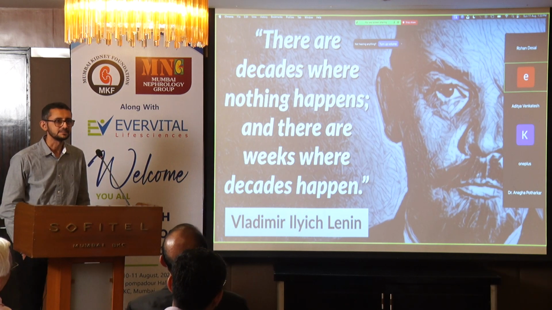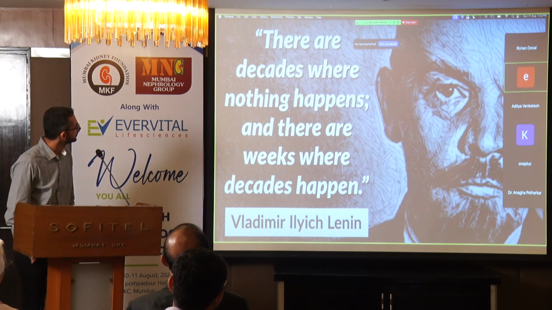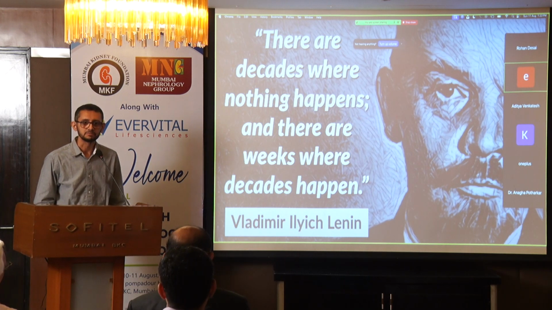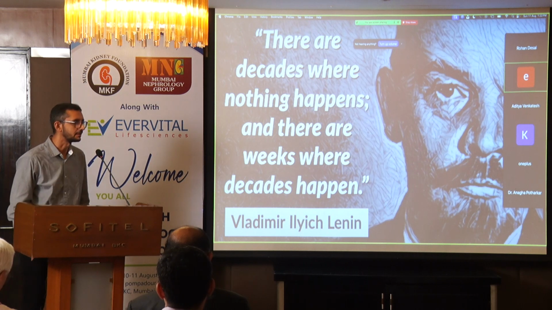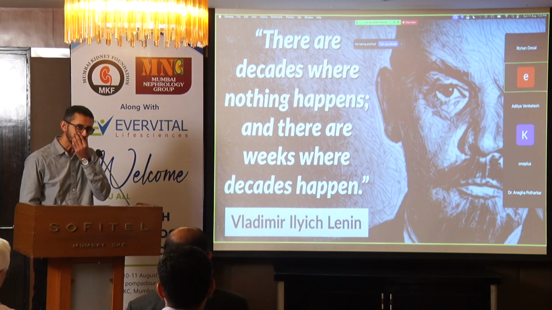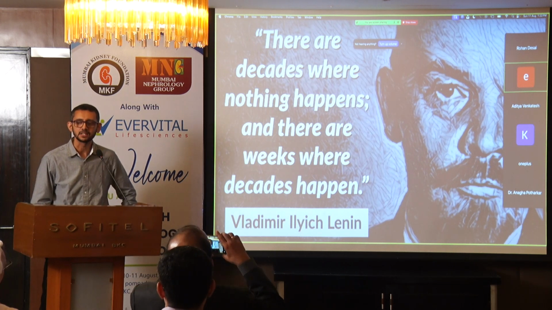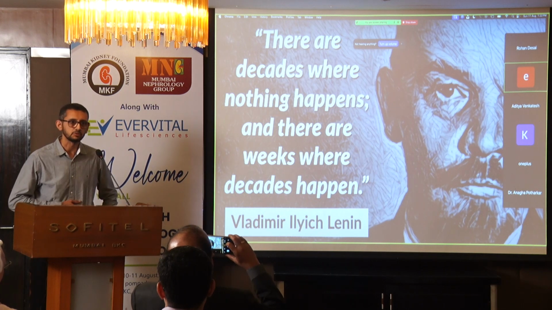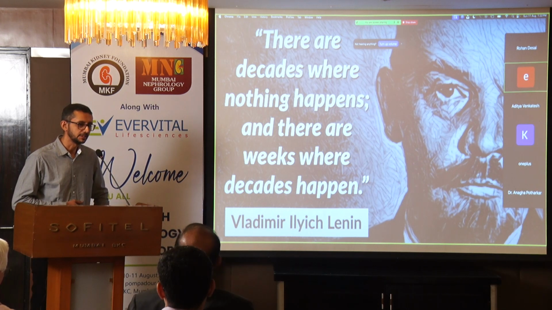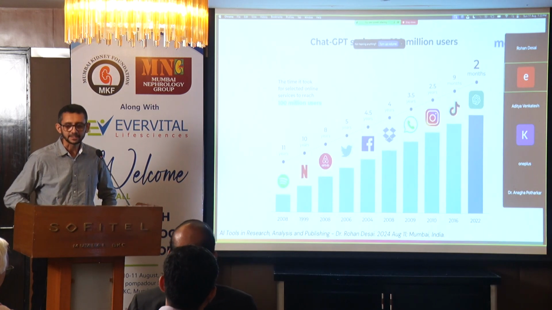Lenin said that sometimes there are decades where nothing happens, and then sometimes there are weeks when decades happen. In 2022, 2 years back, around 30th November, ChatGPT was launched. And in a couple of weeks, decades happened.